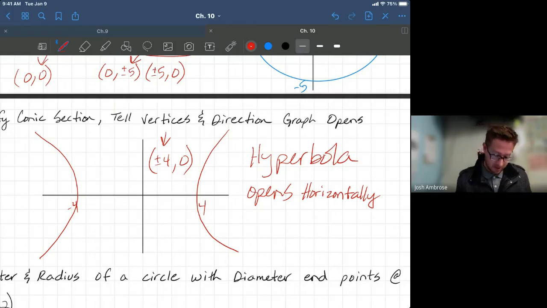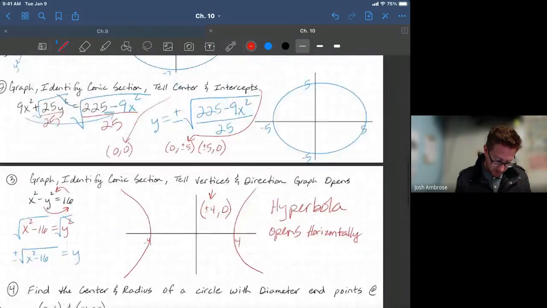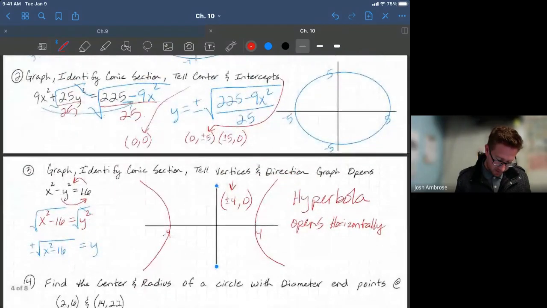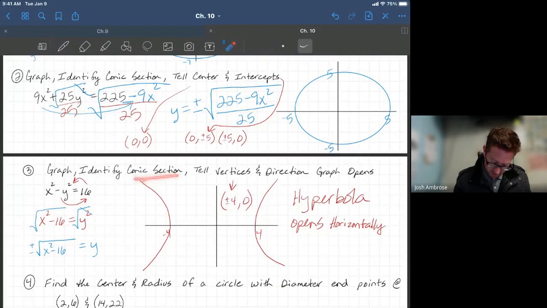So that covers example problem number 3. Identifying the conic section is naming it. Direction, horizontally. Vertices, where is it crossing? In the x-axis or the y-axis, depends on what the graph looks like.